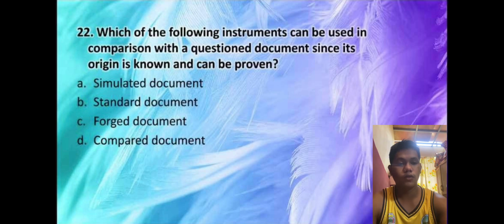Letter D, compare document, is somewhat vague and does not specifically refer to an established category of documents in forensic analysis. So the best answer here is standard document, because a standard document is one whose origin and authenticity are known and can be proven.